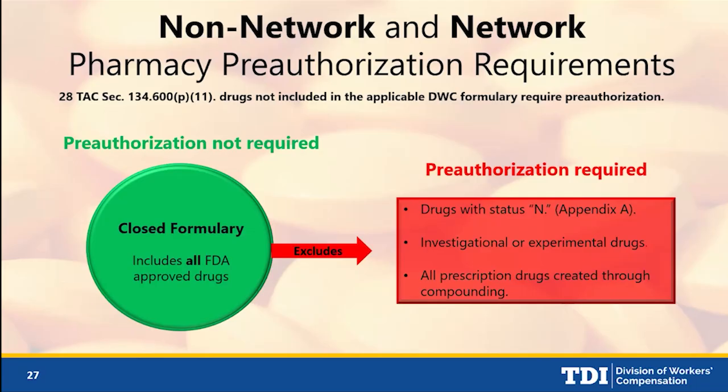So check the Appendix A. Again, I highly recommend, if you are the one getting pre-authorization because you're prescribing it, you're going to know the reasons why. Any investigational or experimental drugs are going to need pre-authorization. Any type of compounded medication, no matter what's in the compound.